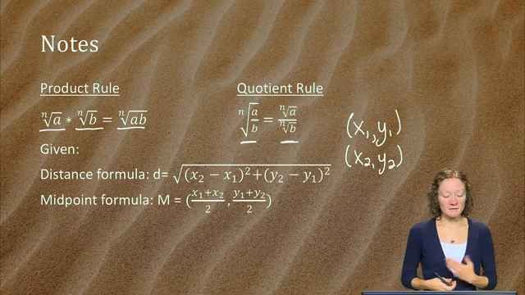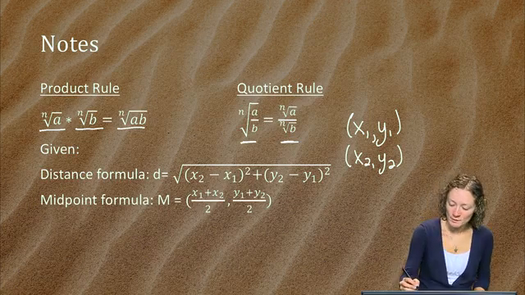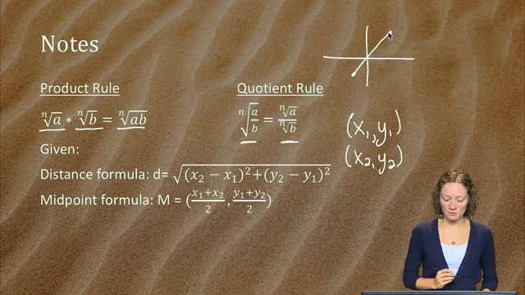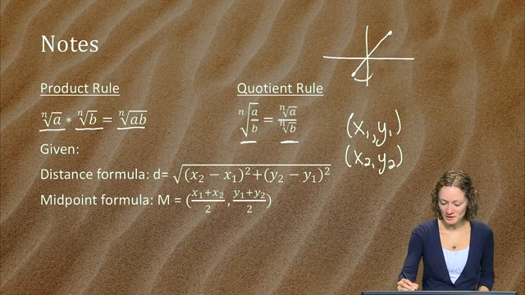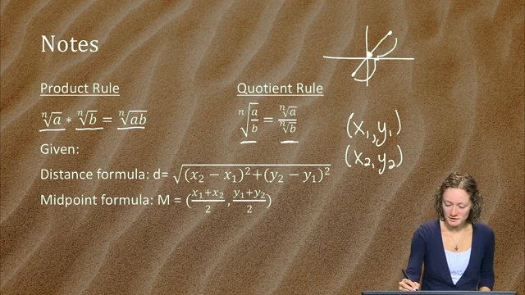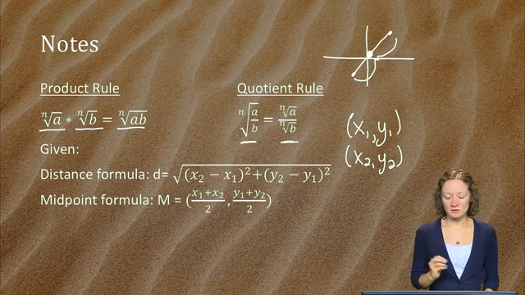And then the midpoint formula just goes hand in hand with distance. Remember on our graph, if we had 2 points, these are two different pieces of information. We're looking at either the distance between the 2 points, the length of the piece between the two, or the midpoint, the place that would be in the middle of the two.